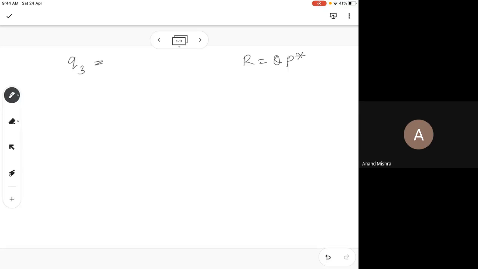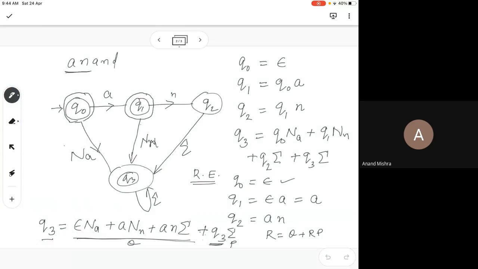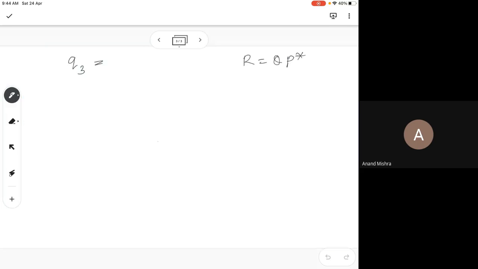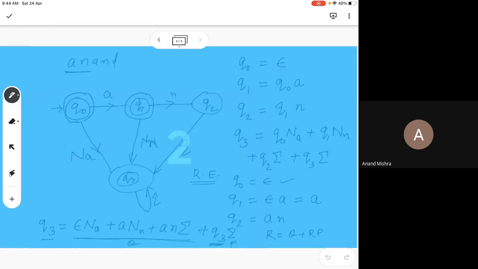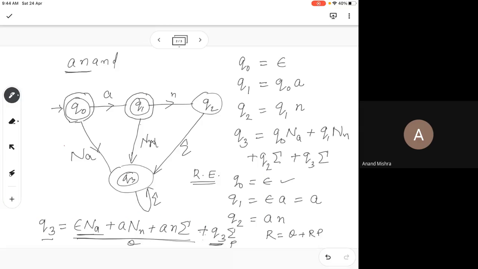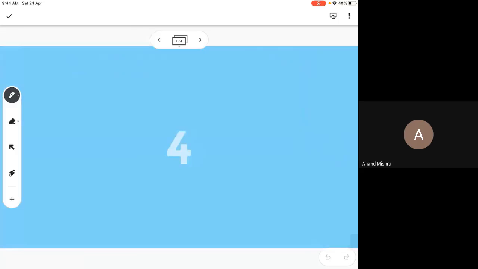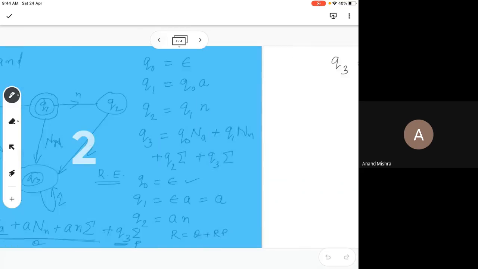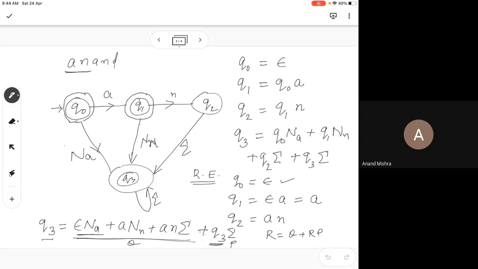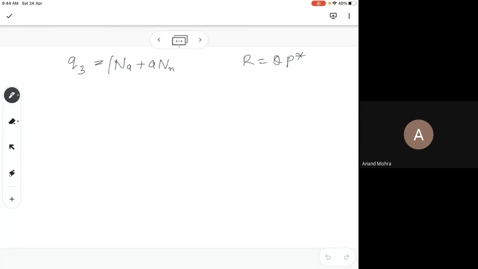Right, so R equal to QP star, where Q is this part, which is nothing but An sigma plus An sigma.